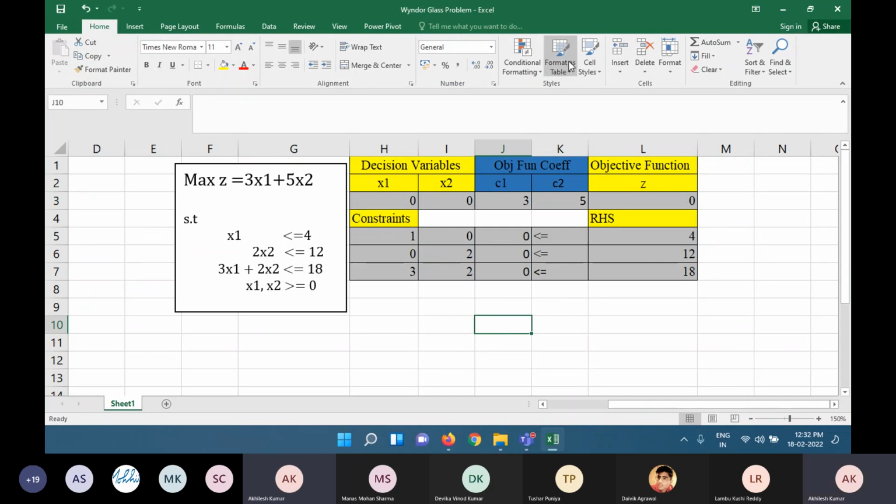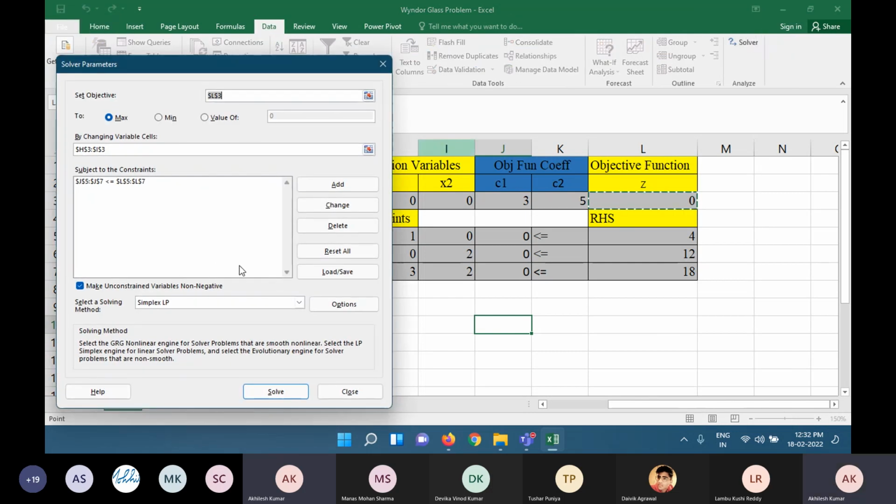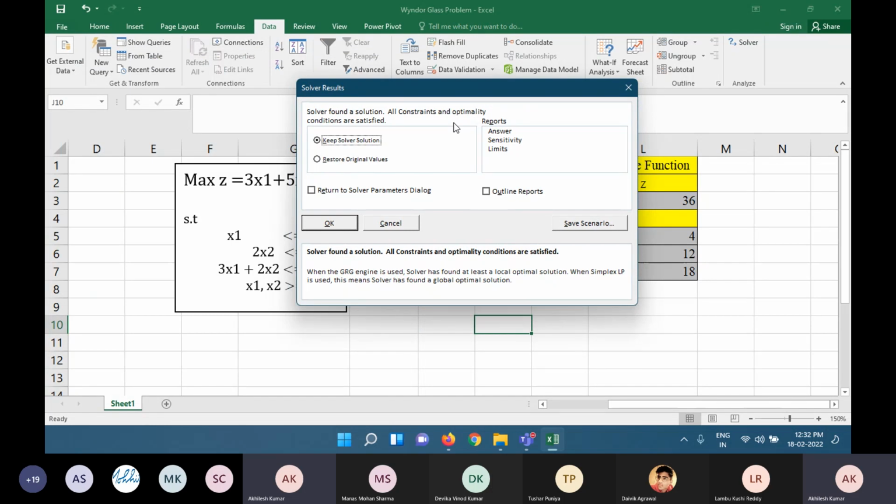So I will go ahead and try to solve this one. Data, Solver, and I will solve it. When this pop-up appears, try to see a few things. It says keep solver solution. You ask for sensitivity in the reports. Can you see the report sensitivity?